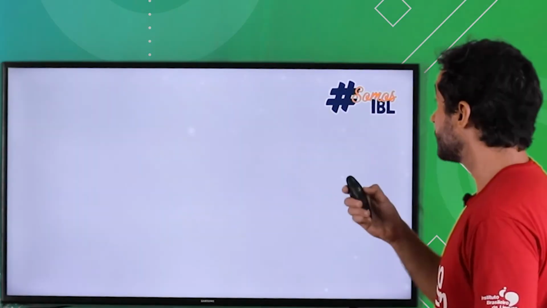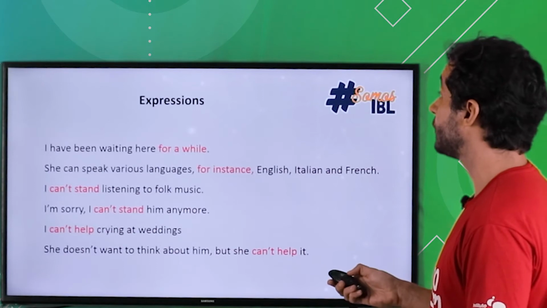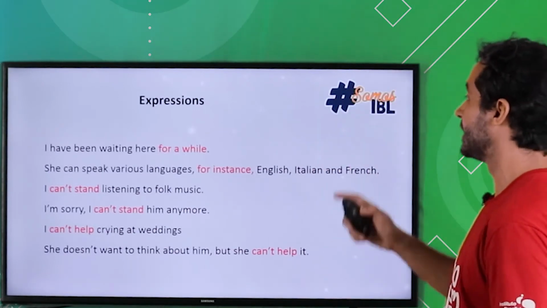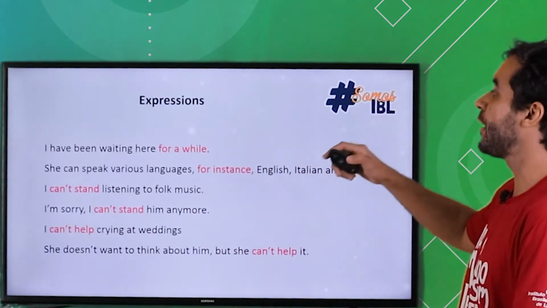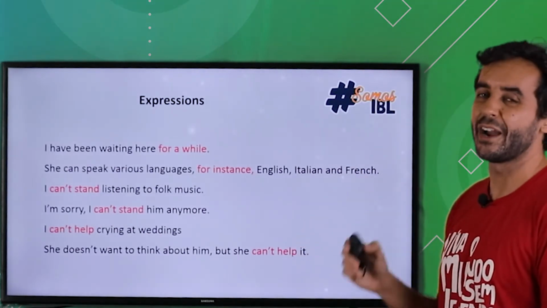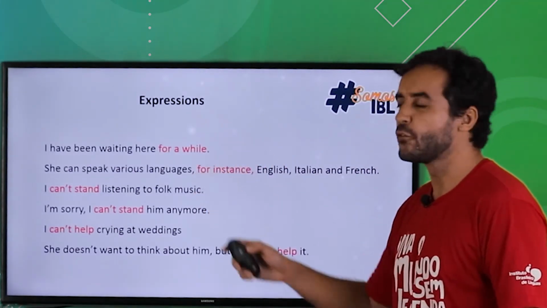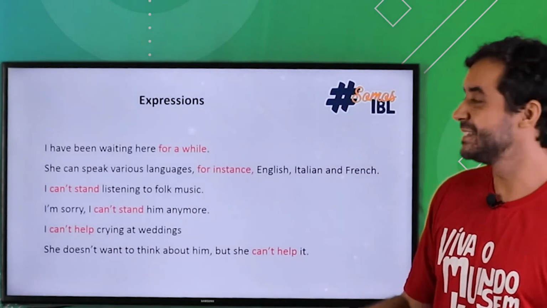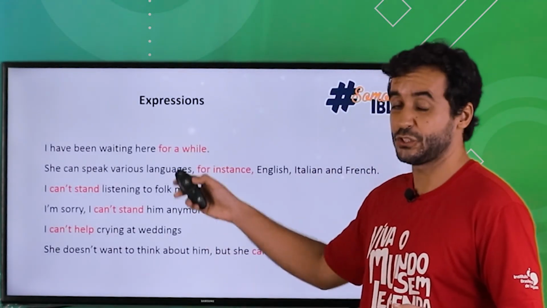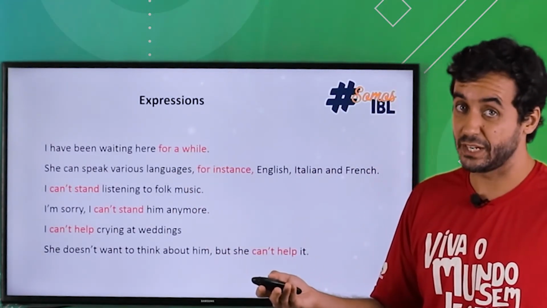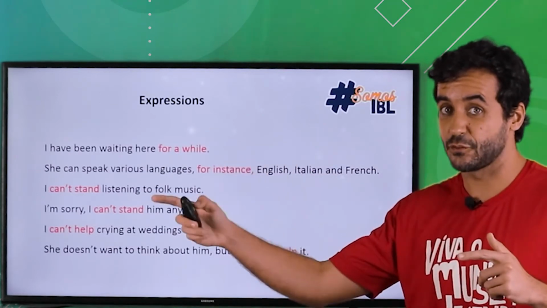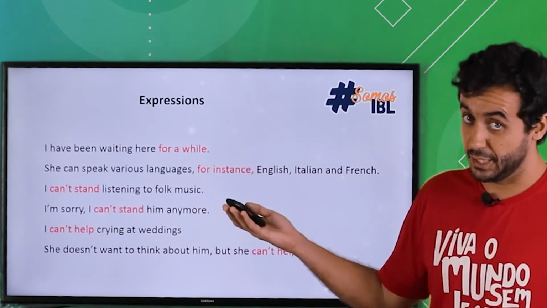That's it. So now let's take a look at some of the expressions, okay? This one is very nice, okay? I've been waiting here for a while, okay? For a while. For a while is like for a moment. This is a great situation in which you can use the present perfect, right? Because you're connecting something from the past up to the present. There you go.